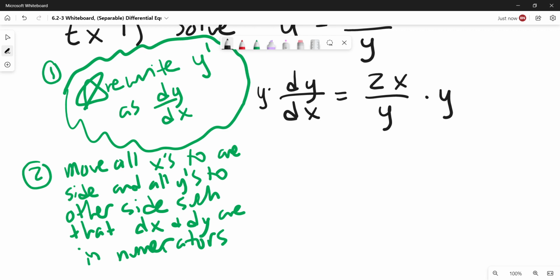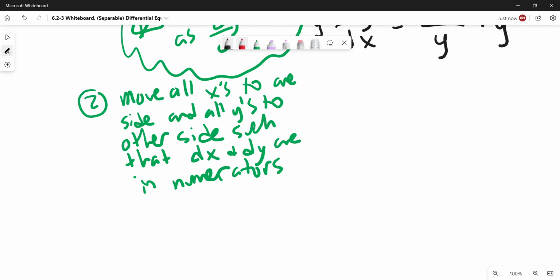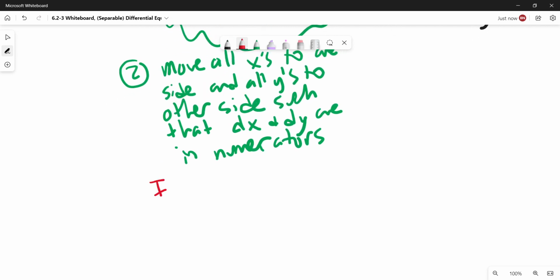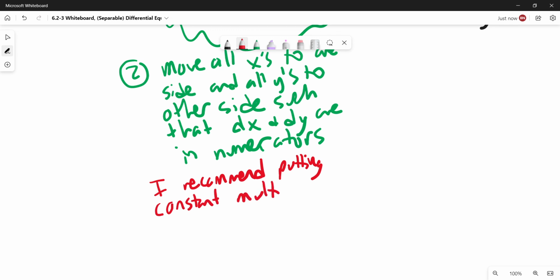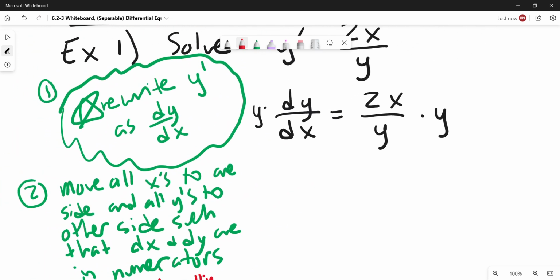So it just makes it a little bit more annoying to keep constants by the y. I recommend putting constant multiples on the x side because we're going to want to isolate the y eventually.